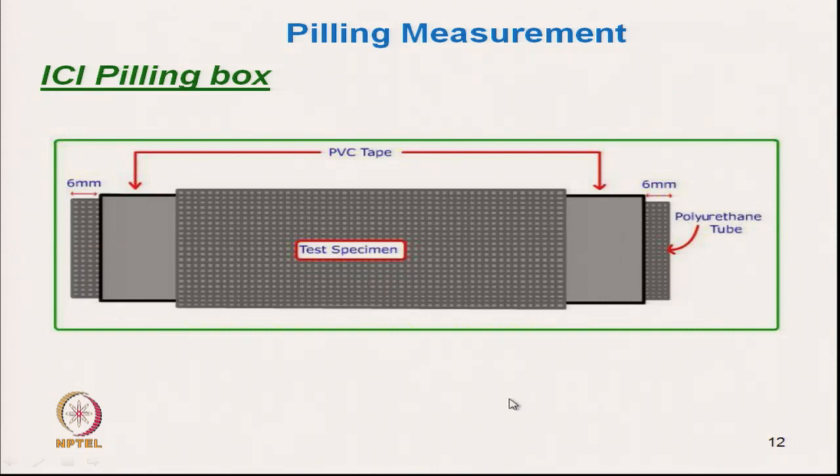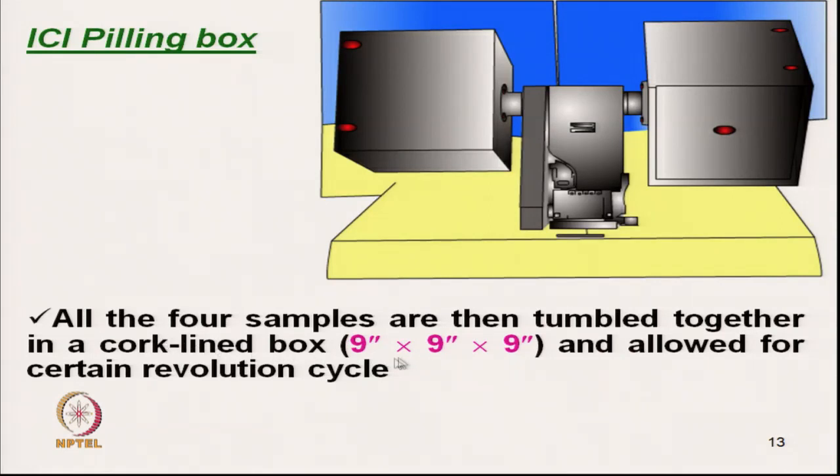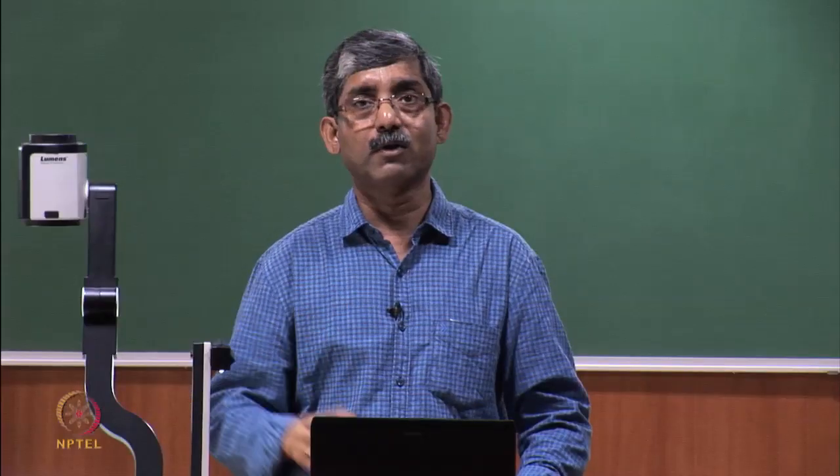This is a fabric sample and here is the PVC tape, and the loose ends are sealed with the PVC tape. These are placed in the ICI peeling box, where all four samples are tumbled together in a cork lined box for a certain number of revolutions.